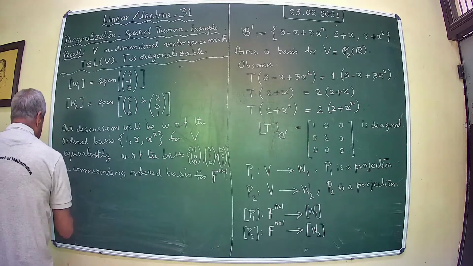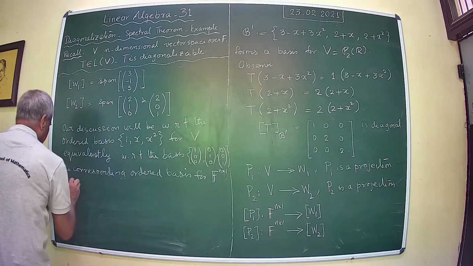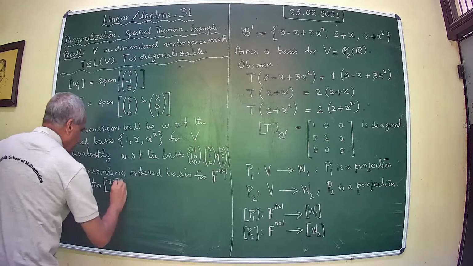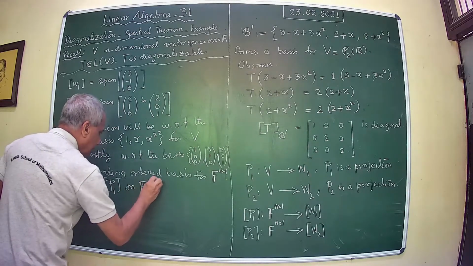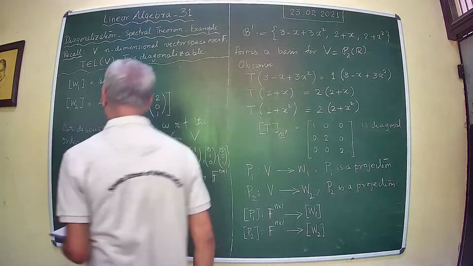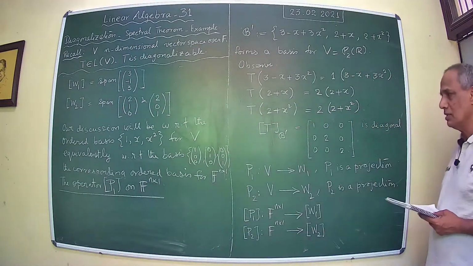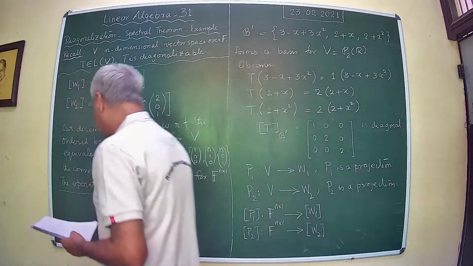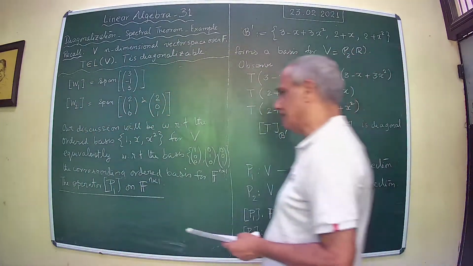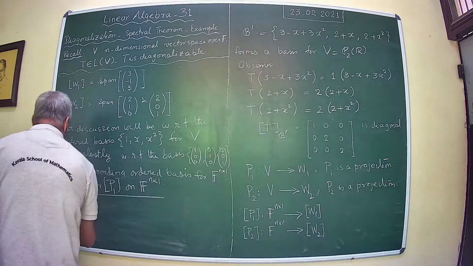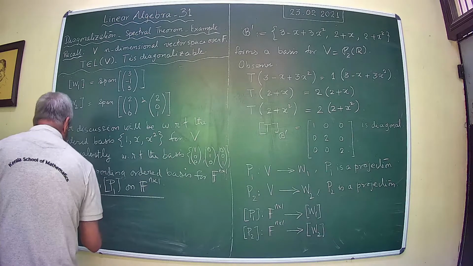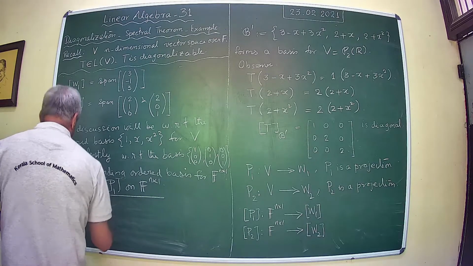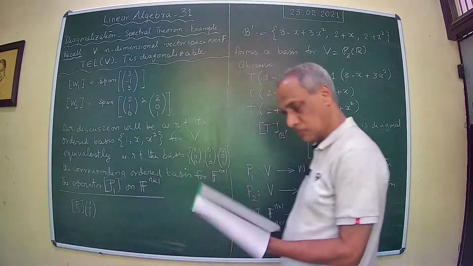So what do we have to do? To get the matrix representation for the operator P1, what one does is you have to say how P1 acts on the basis vectors.